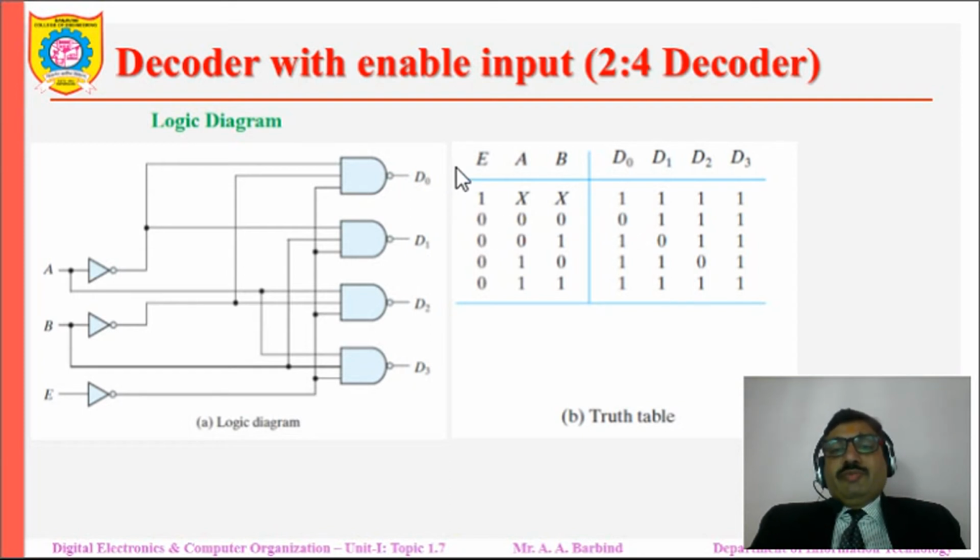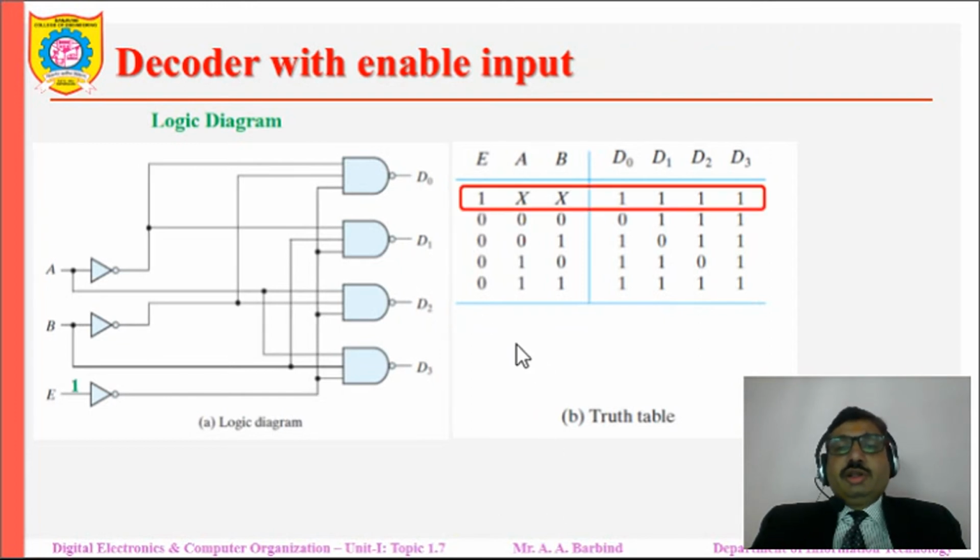So when the enable input is 1, irrespective of A and B, none of the output is active. Okay, so all outputs they are 1. That means none of the output is active. Whereas if enable input is 0, then out of D0, D1, D2 or D3, any one of the output will be active.